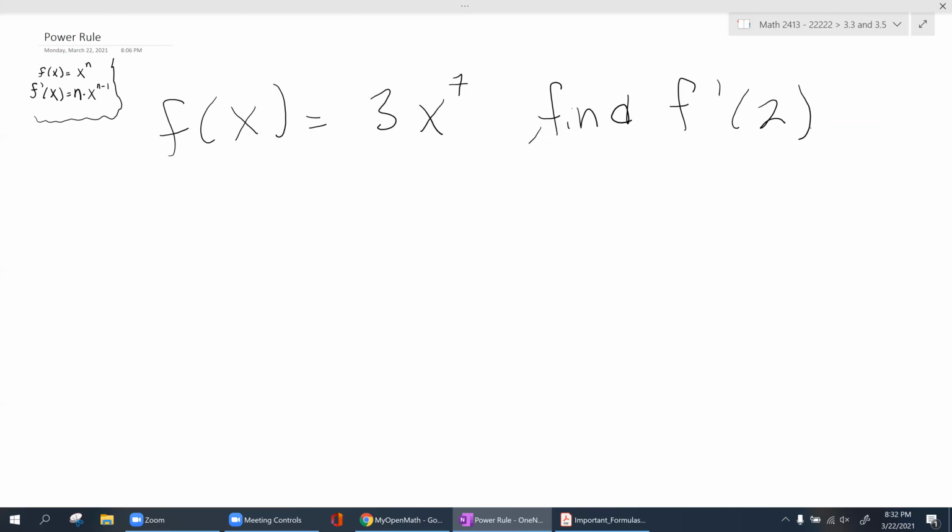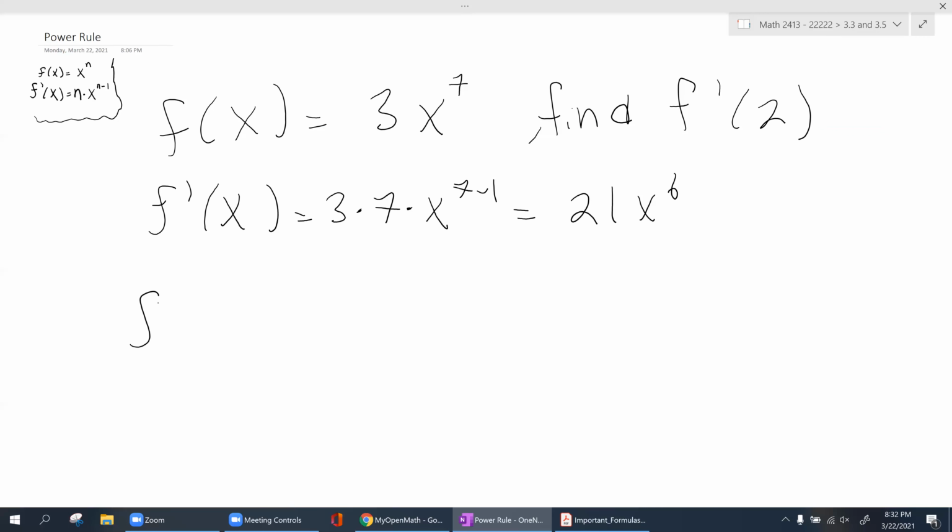So I'm going to take my derivative first. This is going to be 3 times 7 times x to the 7 minus 1, which is 21 x to the 6th. Now I'm going to plug 2 into my derivative, so I have 21 times 2 to the 6th.